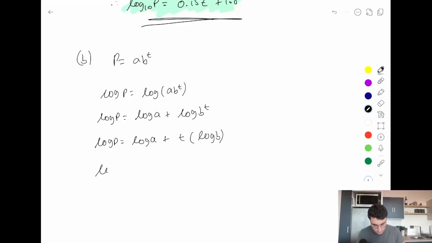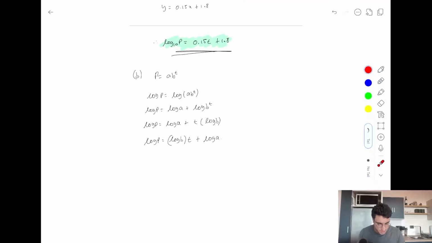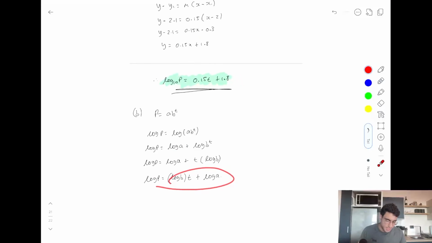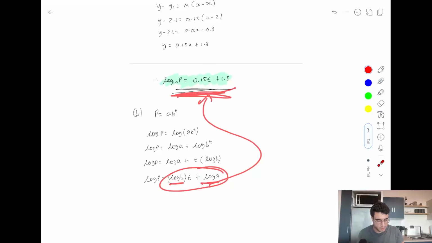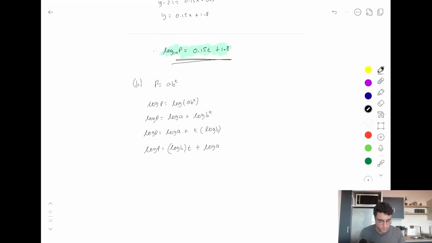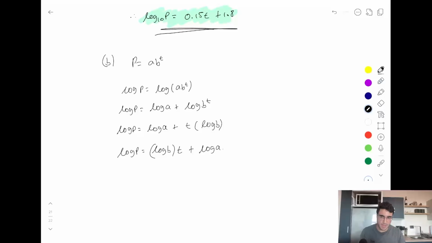So, log P is equal to log B times T plus log A. Now, as you can see, guys, this is pretty much in the same format as what we had here. Okay, so therefore, all we have to do now is match it.